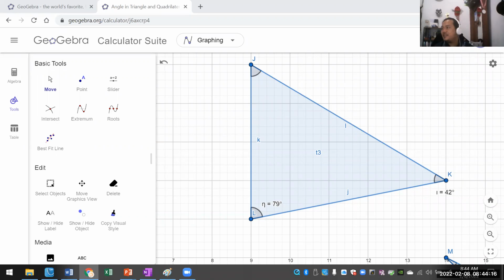Bagaimana? Aduh, ini pada kemana ini? Oke, K deh, mana K? Ada K. Oh, ini ada yang chat nih. Aruni katanya 59. Oke, 59 ya.